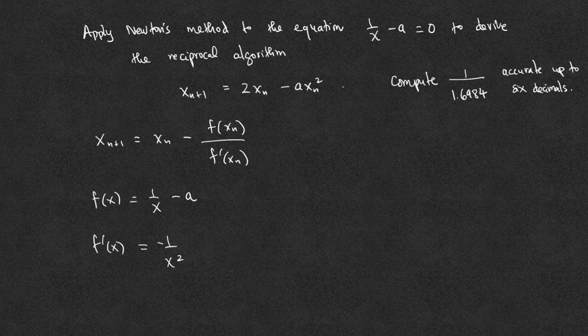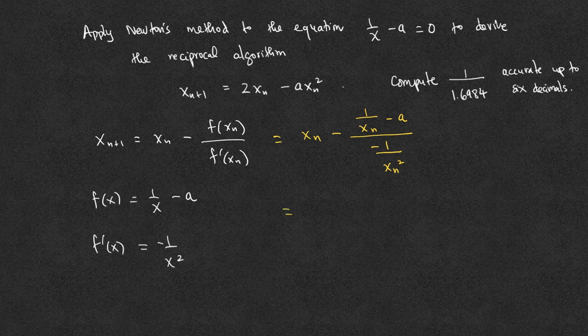The Newton method's formula is therefore x sub n minus f of x sub n, which is 1 over x sub n minus a, over f prime of x sub n, which is negative 1 over x sub n squared.